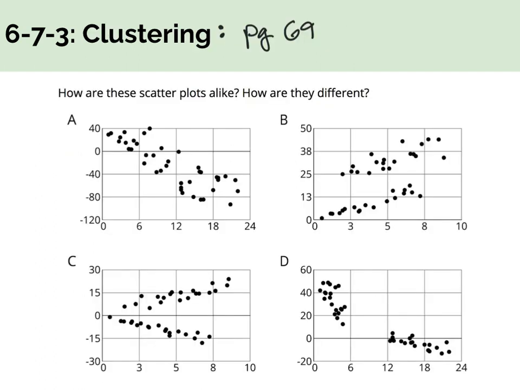All right, let's go ahead and turn to page 69. We're going to talk about clustering a little bit. How are these scatter plots alike, and how are they different? Go ahead and answer it for all 4 questions. Go ahead and write it on the sides of the graphs. How are they alike, and how are they different? All right, we can say that graph A and graph D are both negative association.